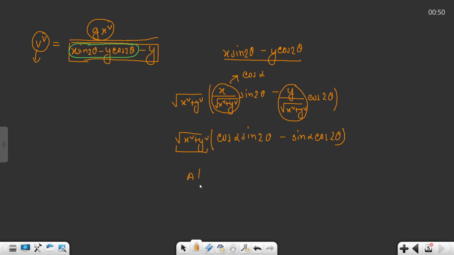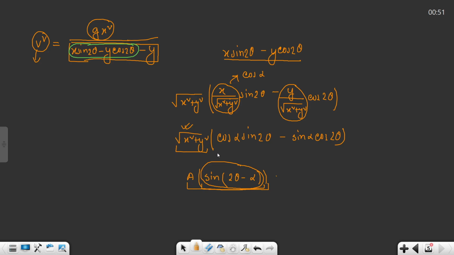Okay, it's quite tedious to write this thing again and again. So now we have this trigonometric identity that we can use. So this is something like sine of twice theta minus alpha. Now we know that if we want to maximize the value of this entire thing, we have to maximize this sine, since the other part is constant.